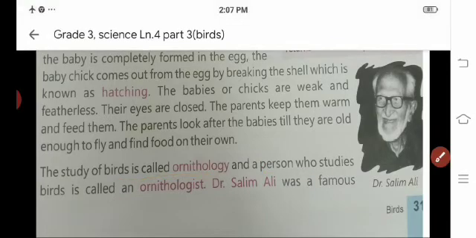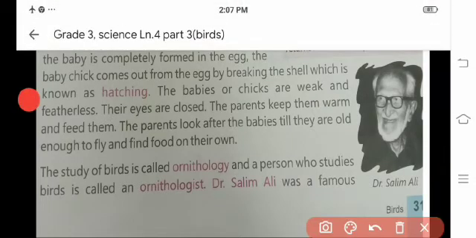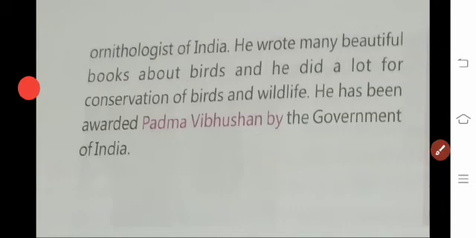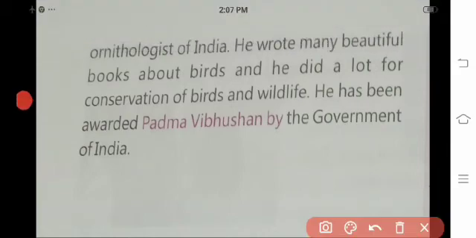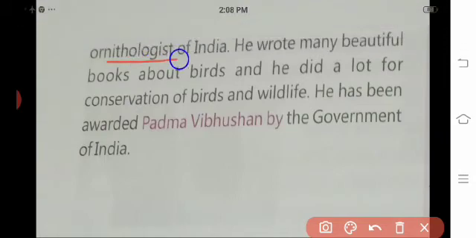In that, Dr. Salim Ali. Who is that? Dr. Salim Ali was a famous ornithologist of India.